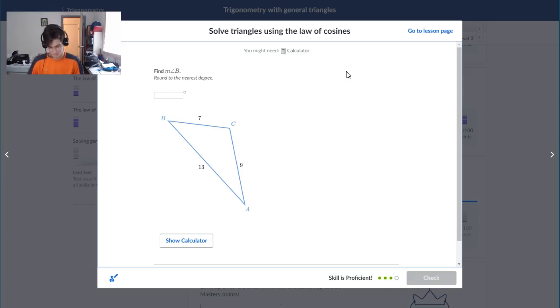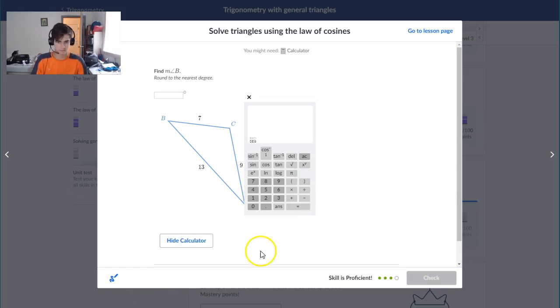So let's do the same process that we did last time. So let's add these two, 49 and 169. We can do that on the calculator because we're given one. 169 plus 49, which equals 218. 218 minus 182 cosine theta.